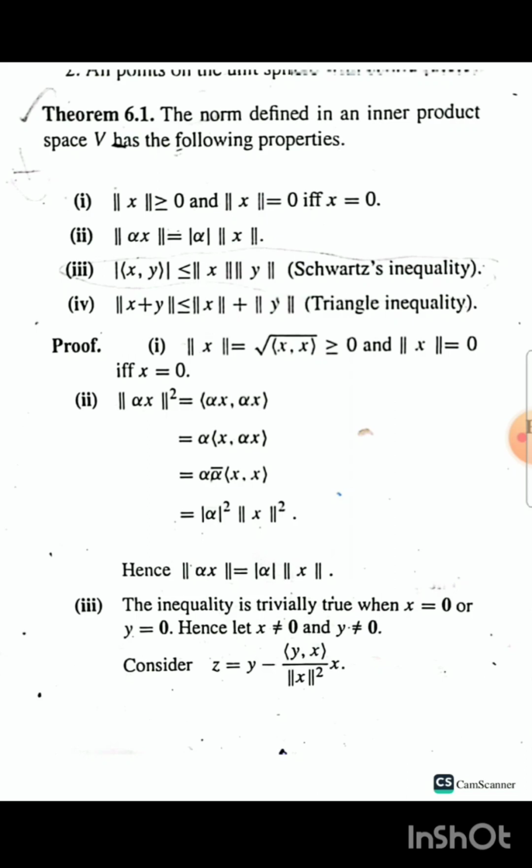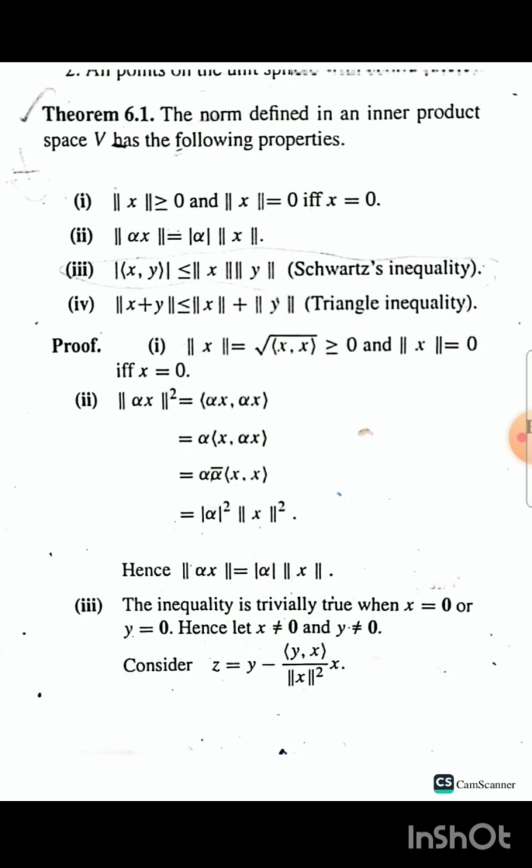For the first term there is no need to take a conjugate, by the definitions we have already seen. So alpha times the inner product of x comma alpha x, and for the second term we take the scalar outside, and it is converted into the conjugate of alpha, alpha bar, times the inner product of x comma x. And alpha times alpha bar is nothing but the modulus of alpha squared, and the inner product of x comma x is the norm of x squared. Therefore, cancelling the squares on both sides, we get the norm of alpha x is equal to the modulus of alpha times the norm of x.